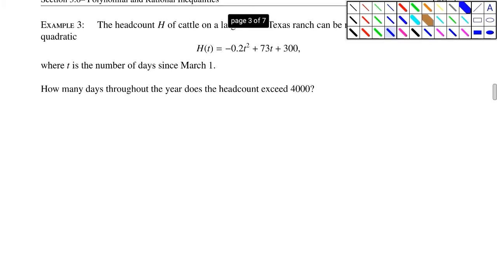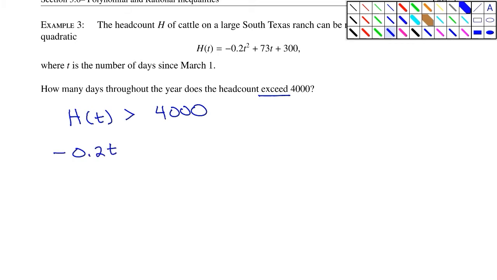So first we want to interpret the problem and create an inequality. It's an inequality because of the word exceed. That means it's bigger than this particular number. So we want to create h of t is greater than 4,000. So that would be negative 0.2 t squared plus 73t plus 300 is greater than 4,000.